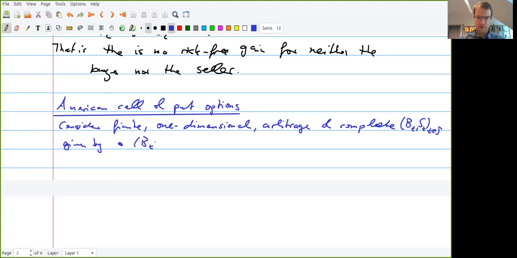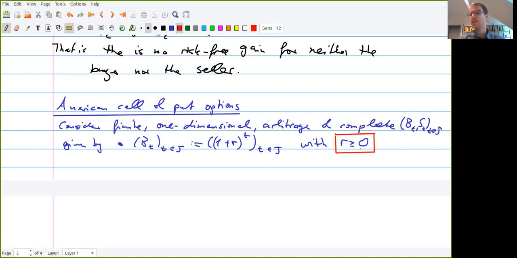So we have our risk-free asset B, and now we need to be a bit careful with the interest rate, the idea being that there's an interest rate growing over time. Now I want to assume that my interest rate is greater or equal than 0. So far I didn't care, but now I start caring.